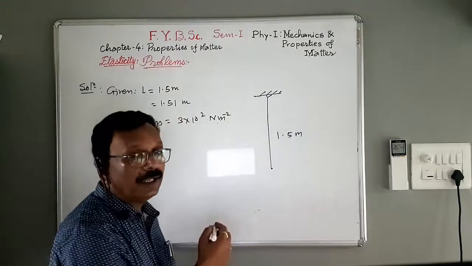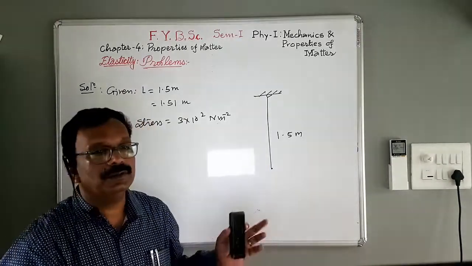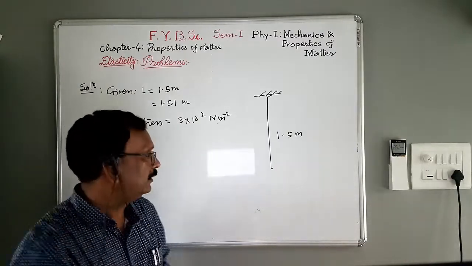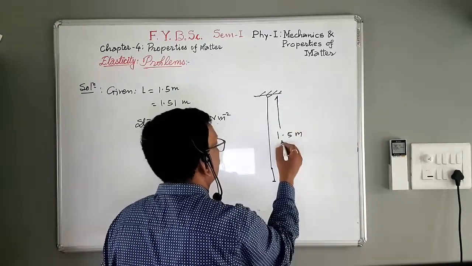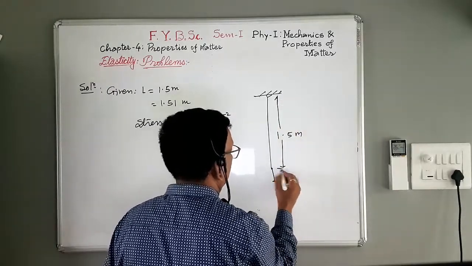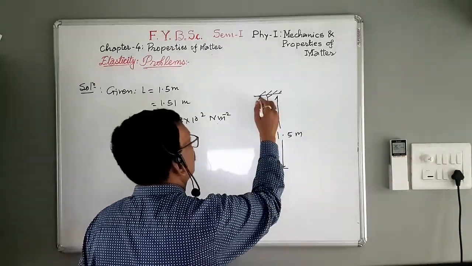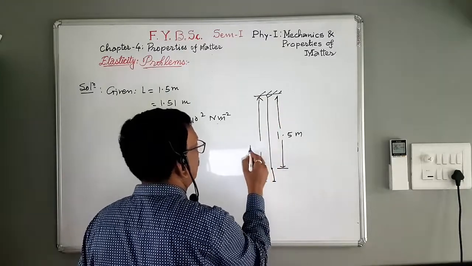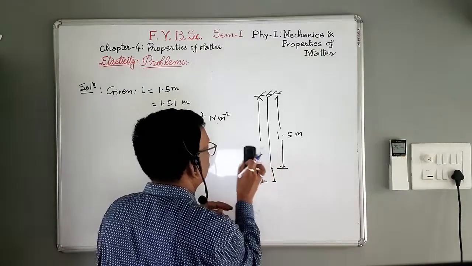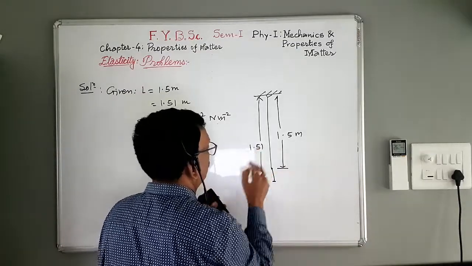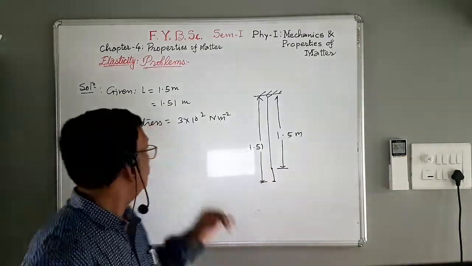When we apply some load, elongation of the wire takes place, and the final length of the wire is 1.51. This is the original length and this is the final, and stress is given.